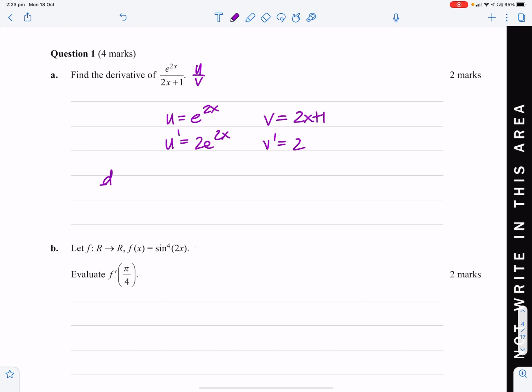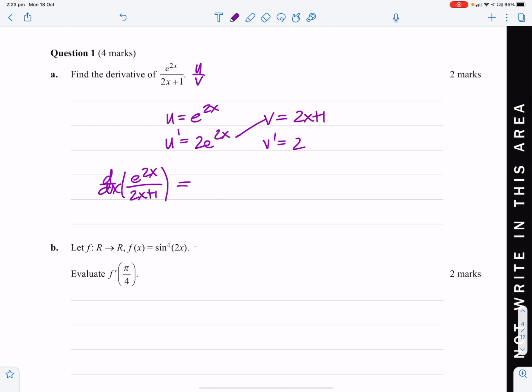So we can say d dx of e to the 2x on 2x plus 1 is v times u dash, 2e to the 2x times 2x plus 1 minus 2e to the 2x over v squared, 2x plus 1 squared.